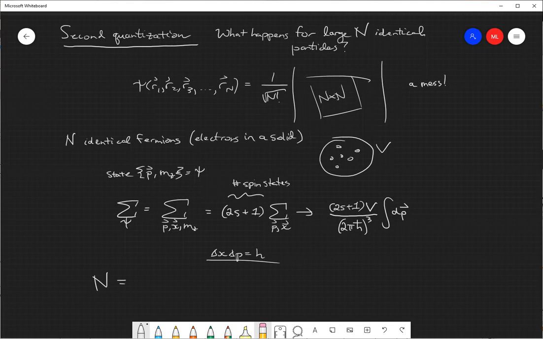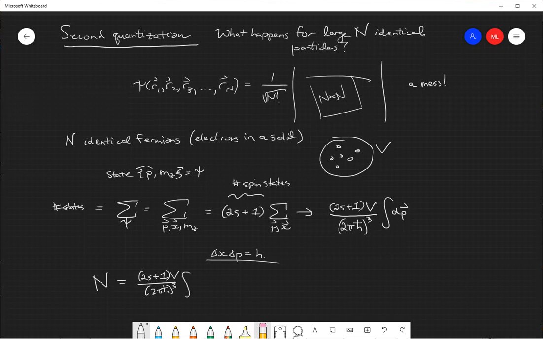N has to be equal to (2s plus 1) V over (2 pi h bar) cubed. The number of states you have is the number of particles because they all have to occupy their own state. Two of them can't occupy the same state. So however many states you have, that's how many particles you have for fermions.